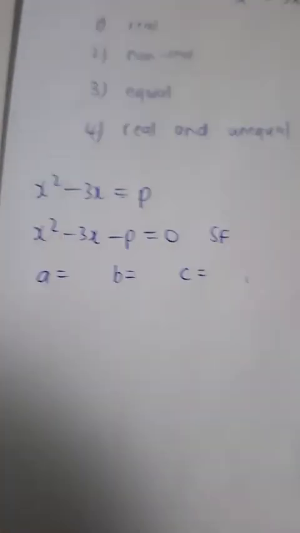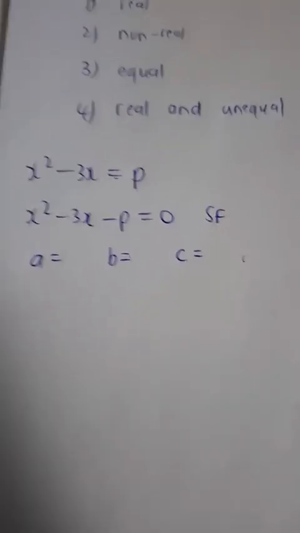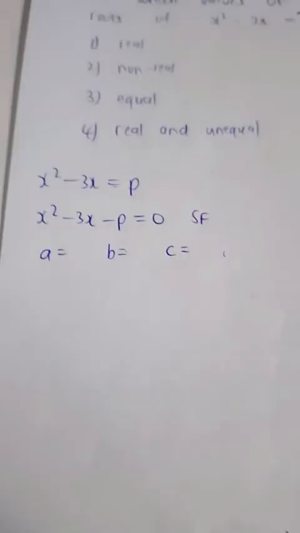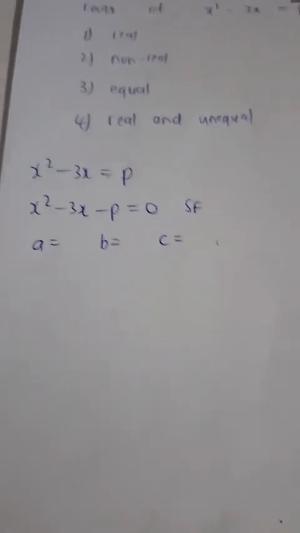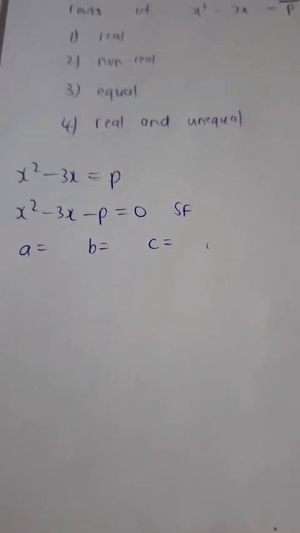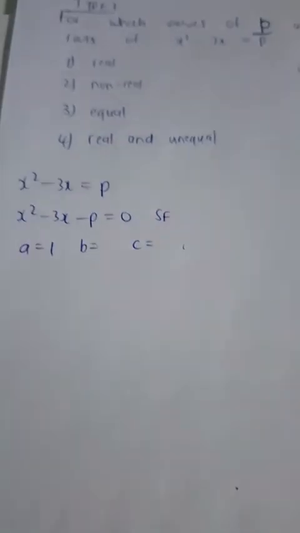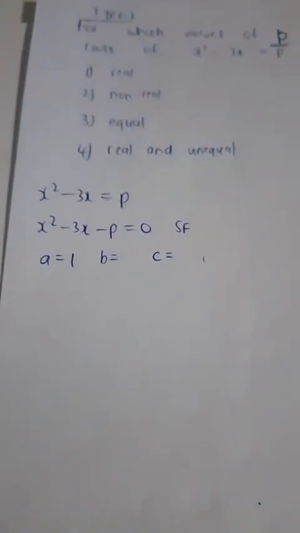Let me see in the comment section if people are still with me. What is the value of a, guys? And b and c. You can write them down, all 3. Okay, let's say an angel says 1. I guess they are all commenting about a. You guys are spot on. Now let's just get b and c as well.